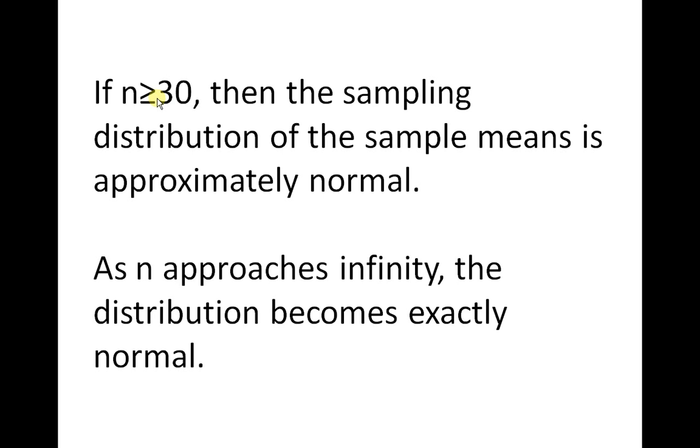It's just a guideline. The central limit theorem just says the bigger n gets, the more normally distributed it is. And remember, that doesn't depend on the shape of the population, because we just looked at a right skew distribution, and as n got larger, the sampling distribution became normally distributed.